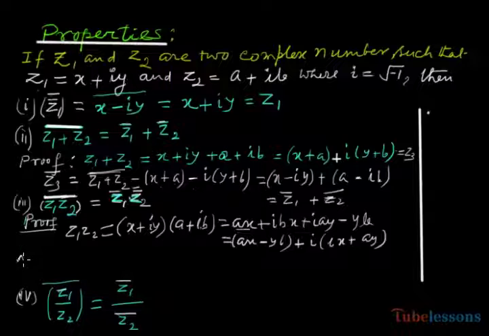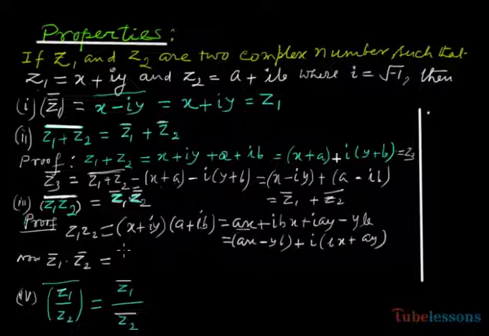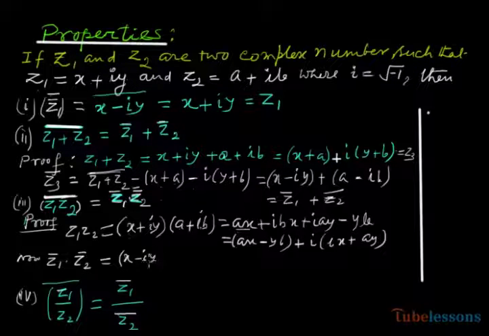Now Z1 bar into Z2 bar. Z1 bar is x minus iy, and Z2 bar is a minus ib.